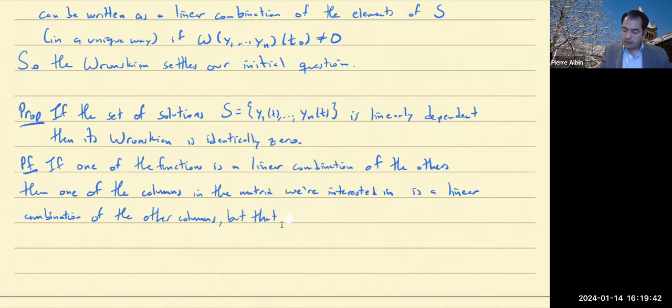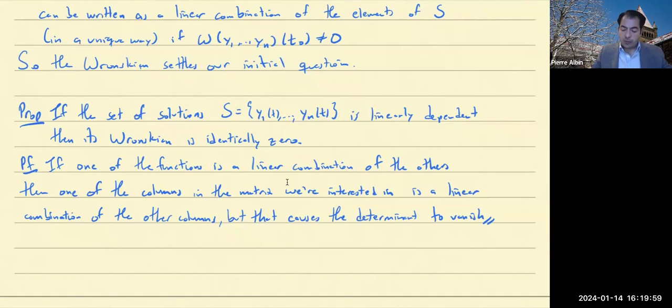But that causes the determinant to vanish. Okay.